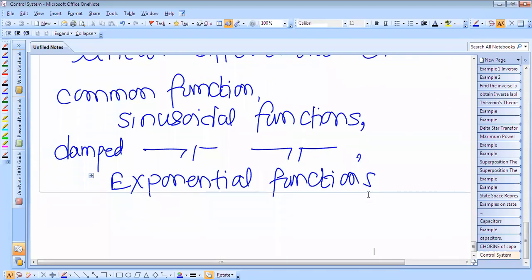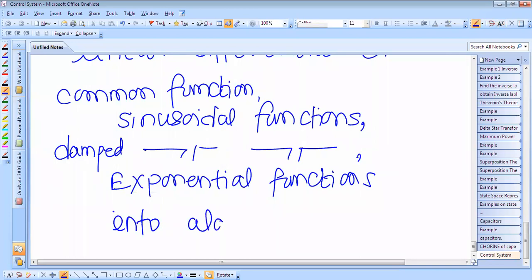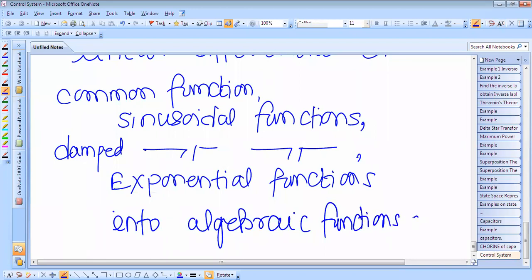We have to convert this into an algebraic function of a complex variable.